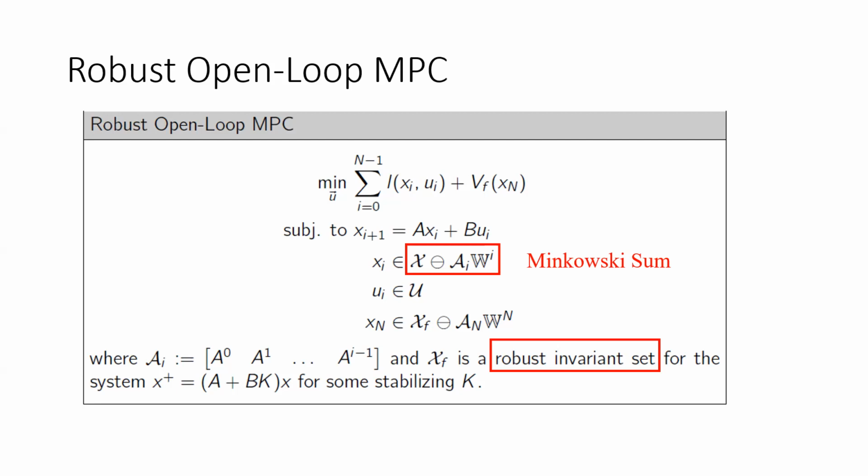As a result of the noise, this terminal set, this region of attraction, will also shrink. So that's what I mentioned: sometimes it can be an infeasible empty set and you will end up in a condition with no solution. That's the reason why robust open loop model predictive control is barely used, because you almost always have a near infeasible set when i is large enough.